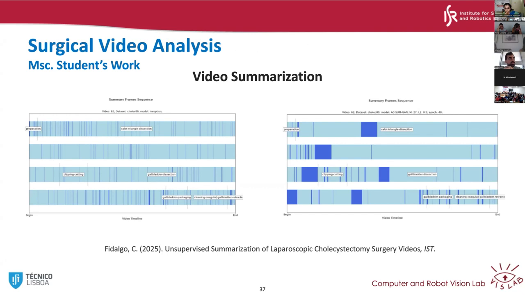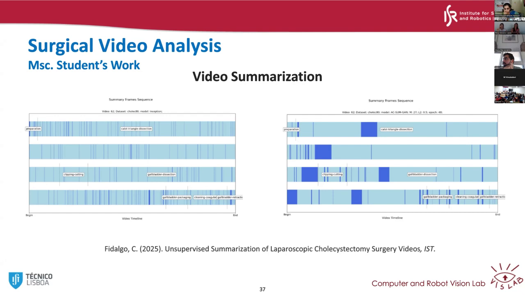So this was a thesis that was done here at IST that was presented in June, where Carolina was trying to take, so all of these rows, this is the same video and this is a sequence of frames, and she was using unsupervised summarization methods. On the left, just K-means clustering.